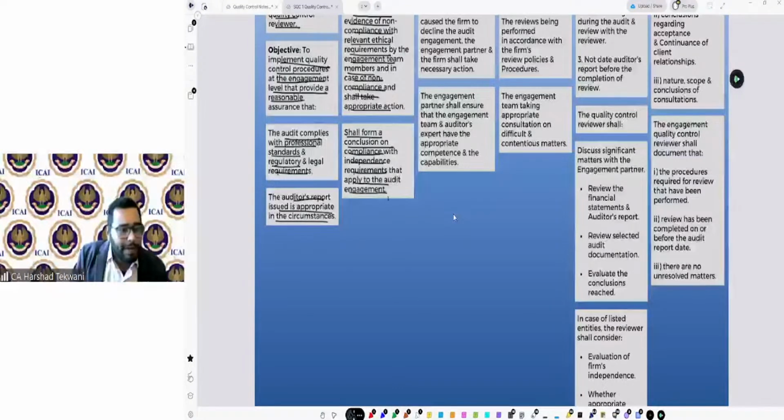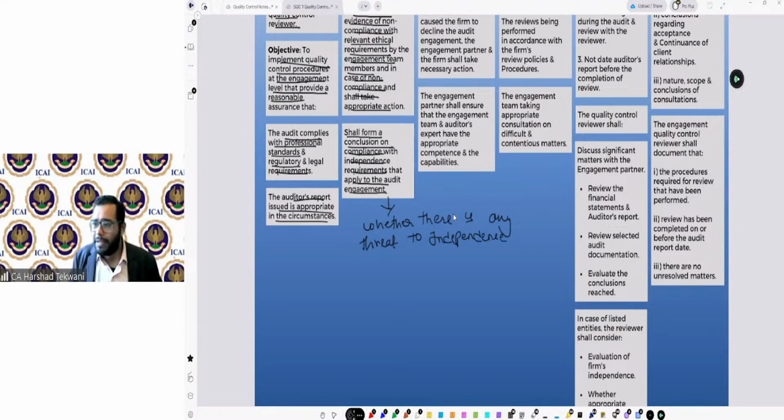So he needs to understand whether there is any threat to independence. Second, he needs to evaluate information on the basis of identified breaches, if any, of the firm's independence policies. Again, see the reference we are bringing up: the firm's independence policy, which is designed as per SQC1.